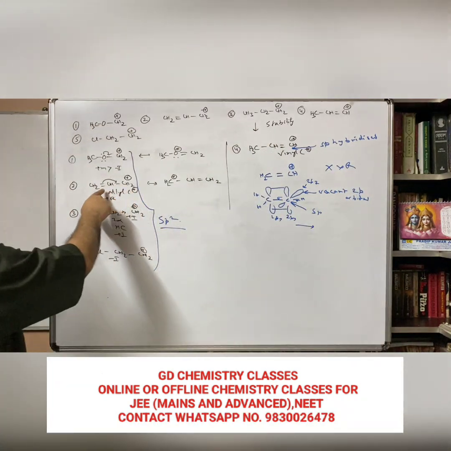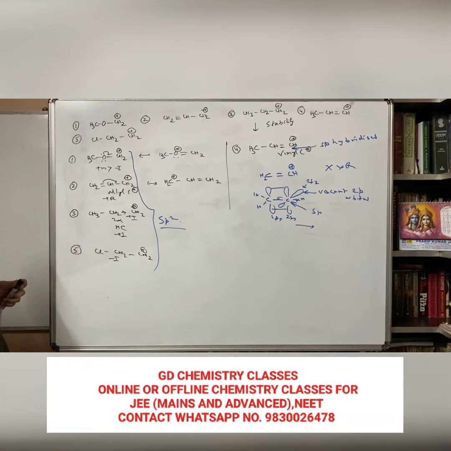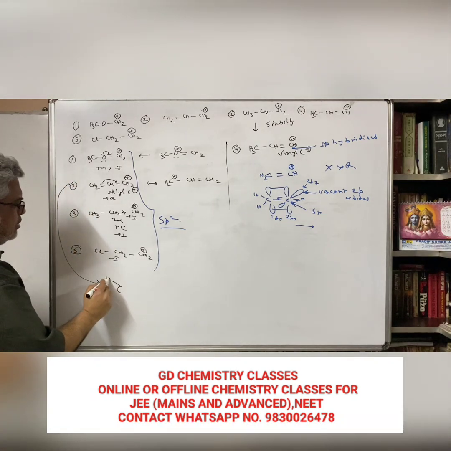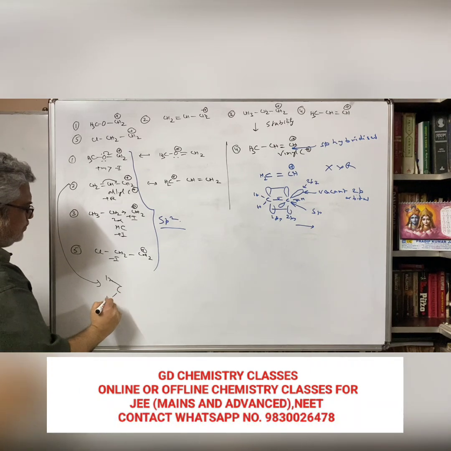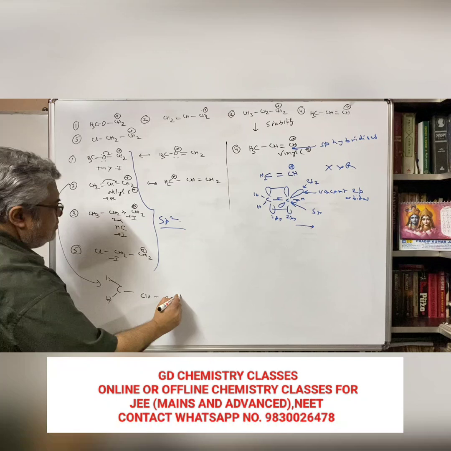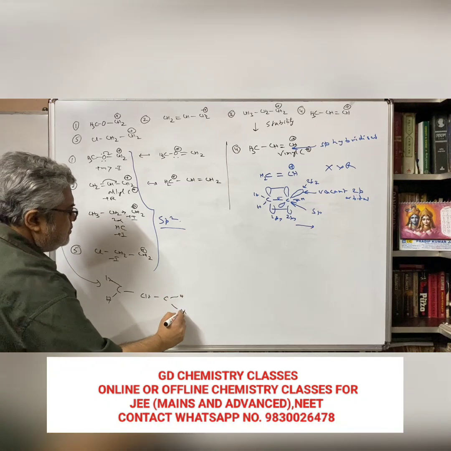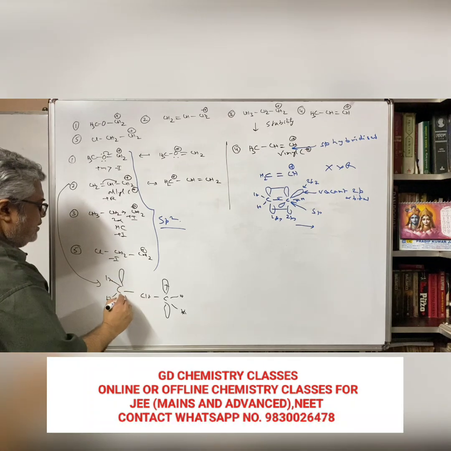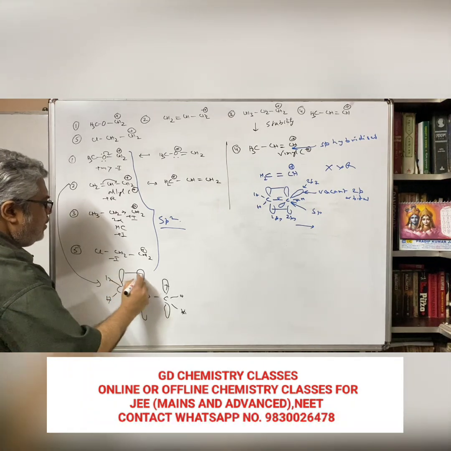Now you may ask why resonance is occurring in the other case. If you look at the structure of the allyl carbocation, this is the positive charge, and this is the pi bond.